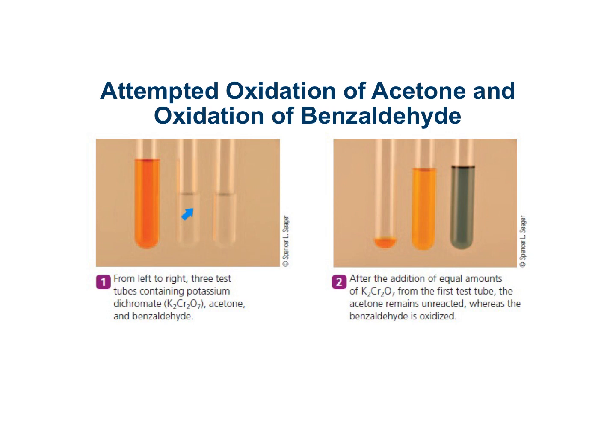When we look at these test tubes, what we have here is potassium chromate, which is what causes the oxidation. And then we have acetone here and benzaldehyde here. And remember, when we talk about acetone, that's a ketone, and in this test tube is an aldehyde.